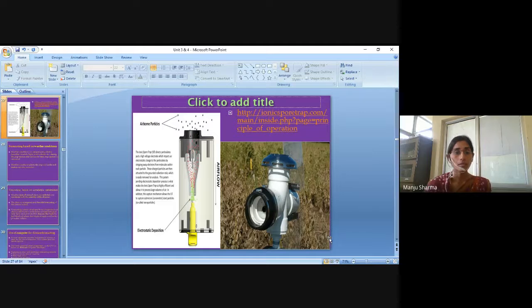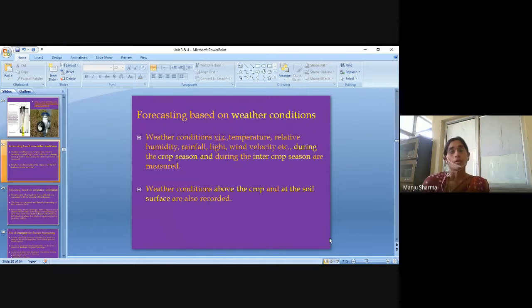So that is the disease forecasting based on weather conditions. Weather conditions like temperature, relative humidity, rainfall, light, and wind velocity are measured during the crop season and during the intercrop season.